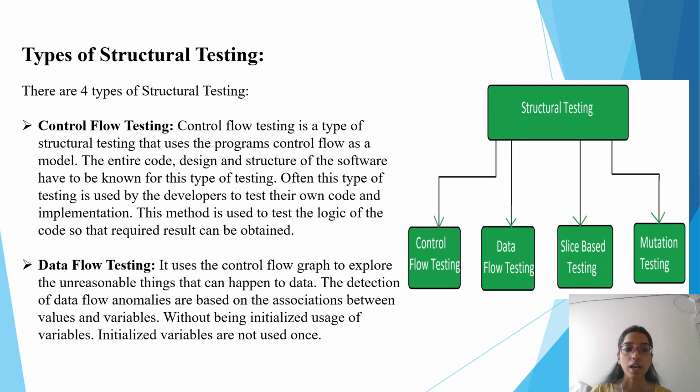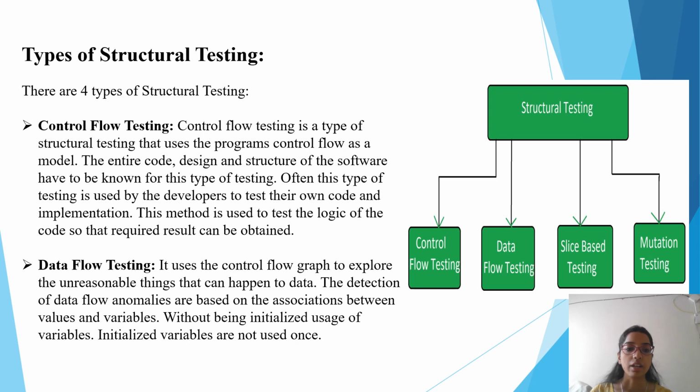Often, this type of testing is used by the developers to test their own code and implementation. This method is used to test the logic of the code so that the required result can be obtained.